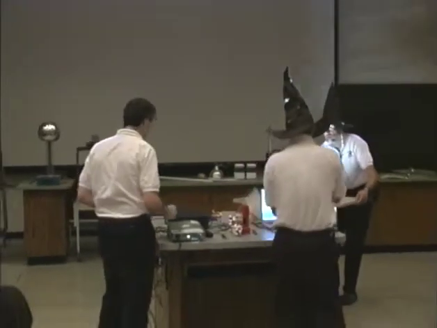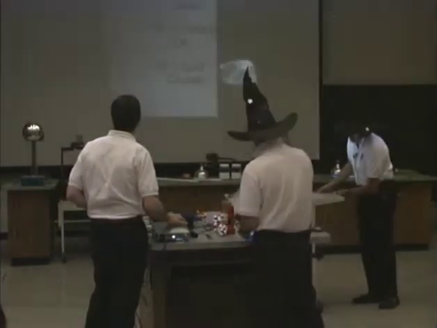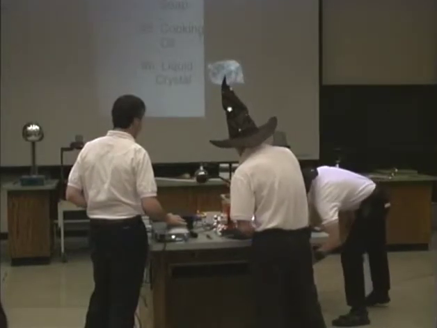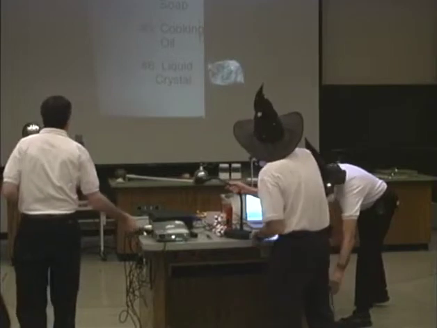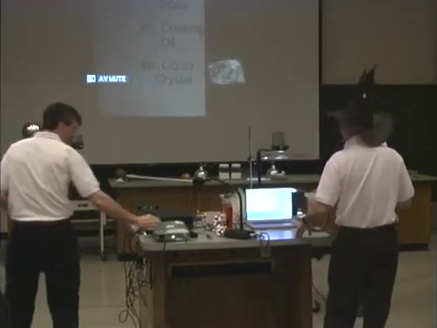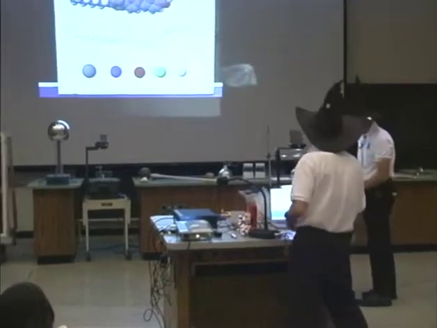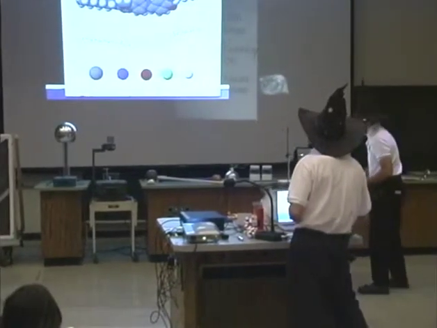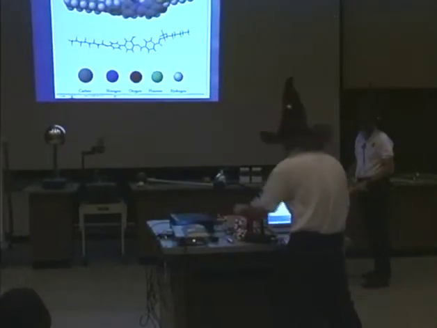Okay, so now we get to see what a liquid crystal molecule looks like and why they might be able to change the polarization of light. Now I actually have a plastic model of a liquid crystal molecule right here.